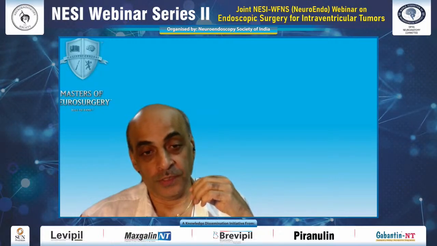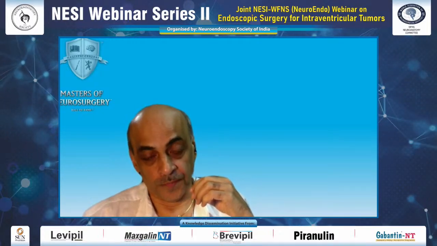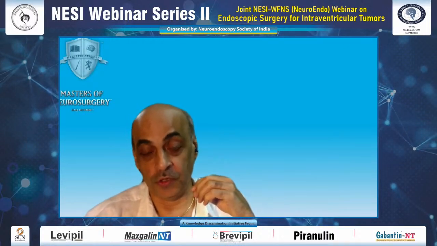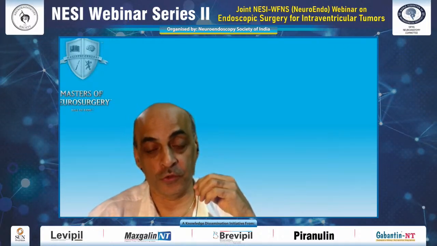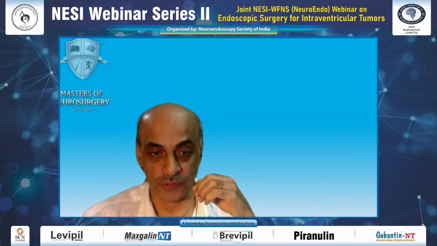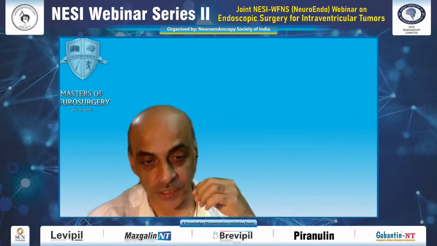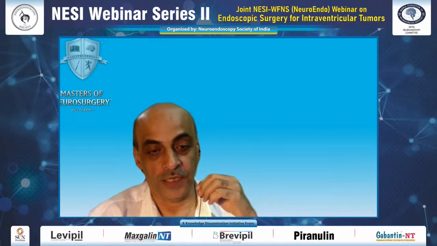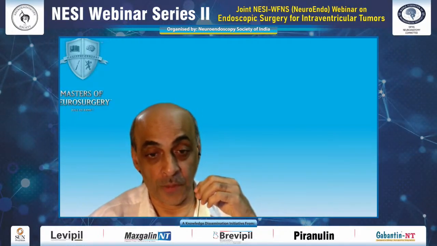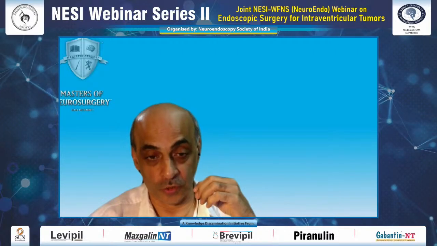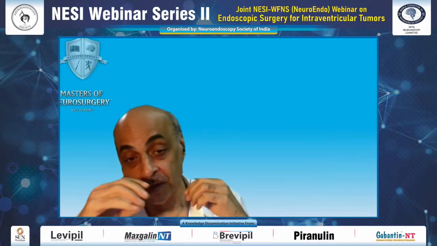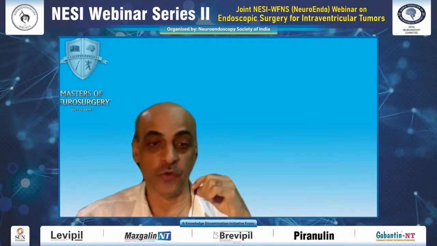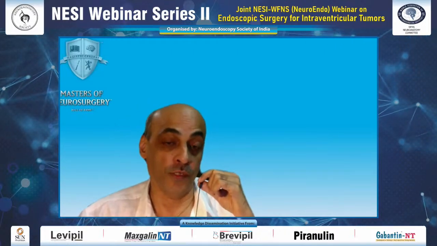What is your experience on using endoscope, which may be a little bit restrictive in your control of hemorrhage, because most of the central neurocytomas are heavily vascular tumors, and they extend here and there. I know you can use your endoscope, go here and there, but your control of bleeding in such heavy bleeding situation, how happy are you with the endoscope, I would like to know.